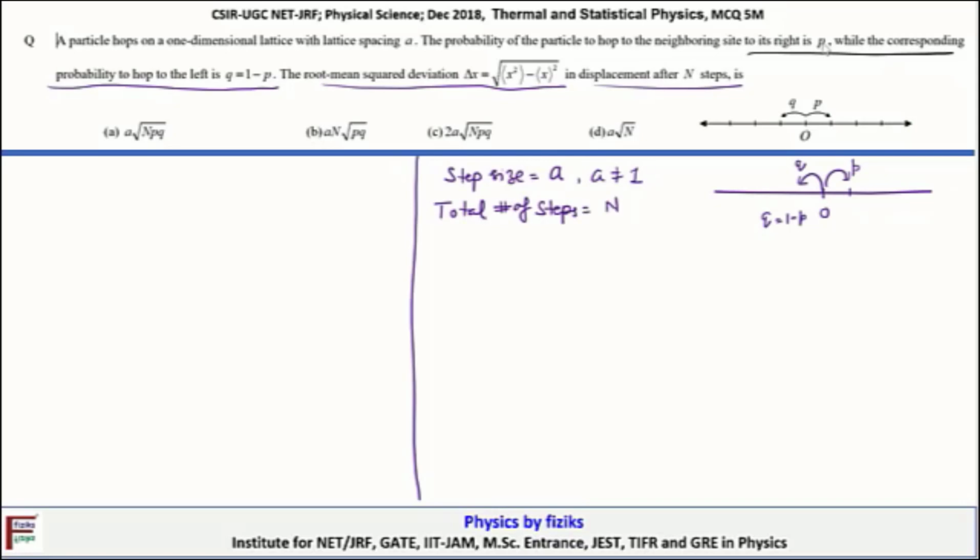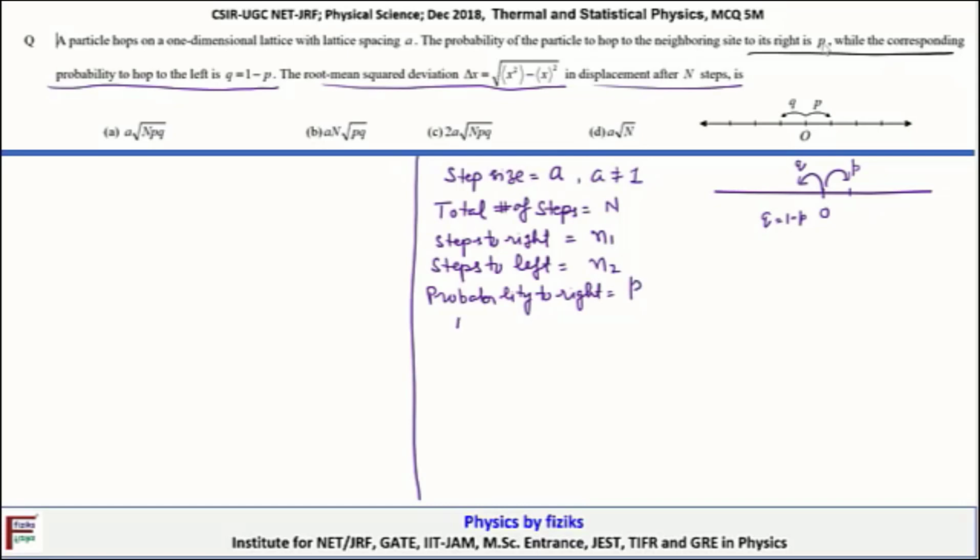And if we assume that steps to the right are equal to n1, and steps to the left, let's say, are equal to n2, and further the probability to right is equal to p.